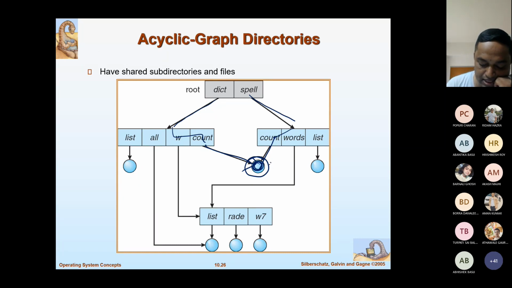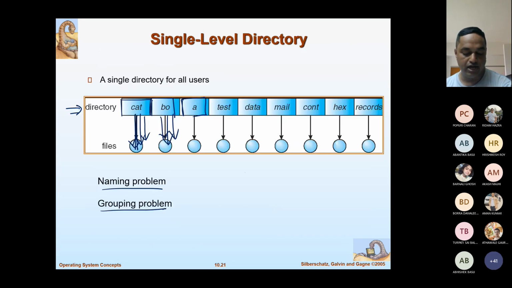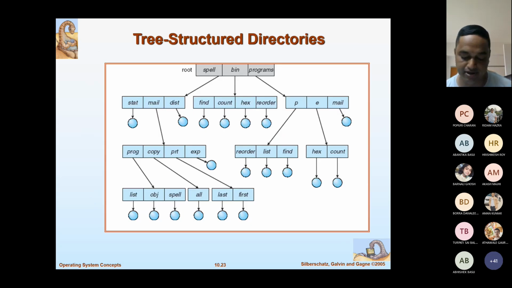This directory or subdirectory, whatever you say, is shared among these and these. That is the advantage of acyclic directories, which is not possible for a single level directory, two level directory, or even a multi-level or tree structure directory.